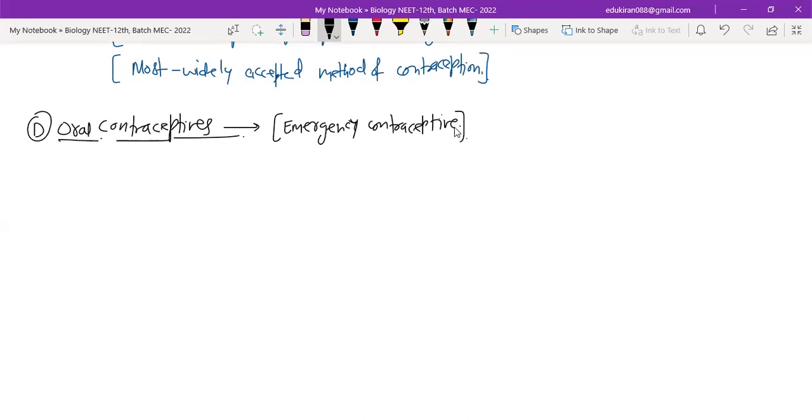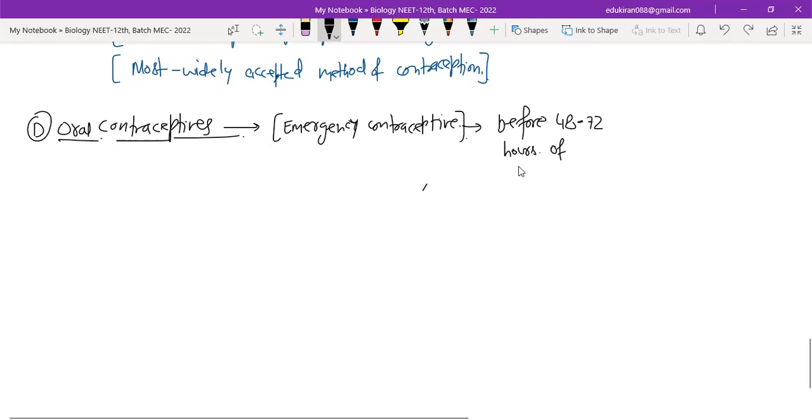Yes, sir. Now, here in oral contraceptives, if it is an emergency contraceptive, then it has to be taken within 48 to 72 hours after the intercourse.